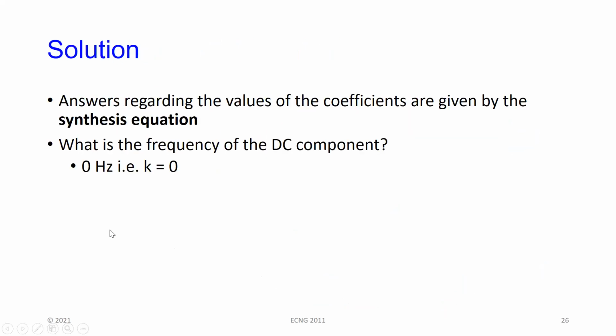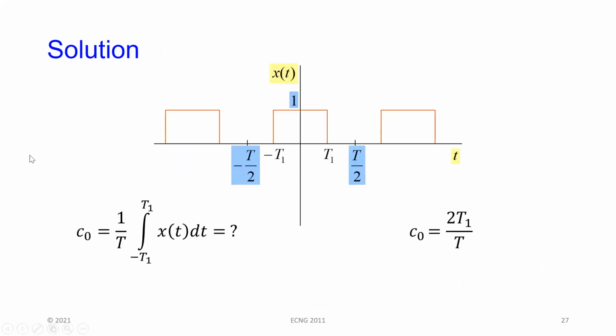So what is the DC level? The DC level will be the C0, k equal to 0. So C0 will be 1 over T. You remember you have e to the minus jk omega naught t, right? Omega naught is 0, so this whole thing is 1. So you're basically integrating x(t) between minus t1 and t1, and then you're averaging it over the entire period of the particular pulse.